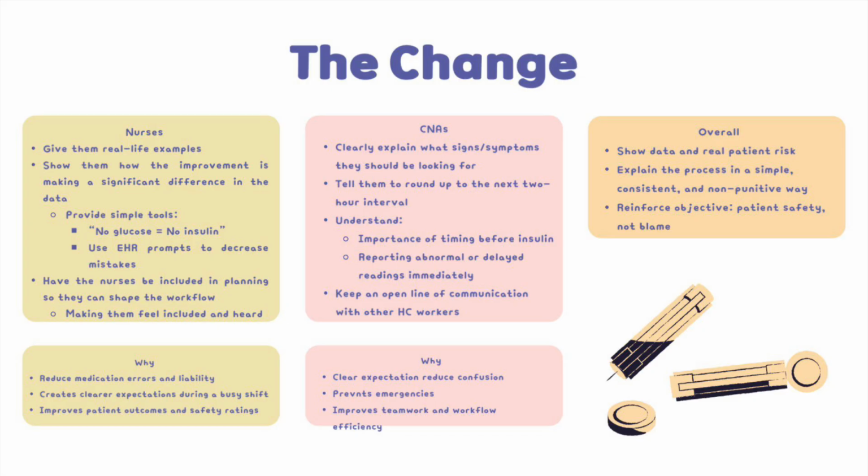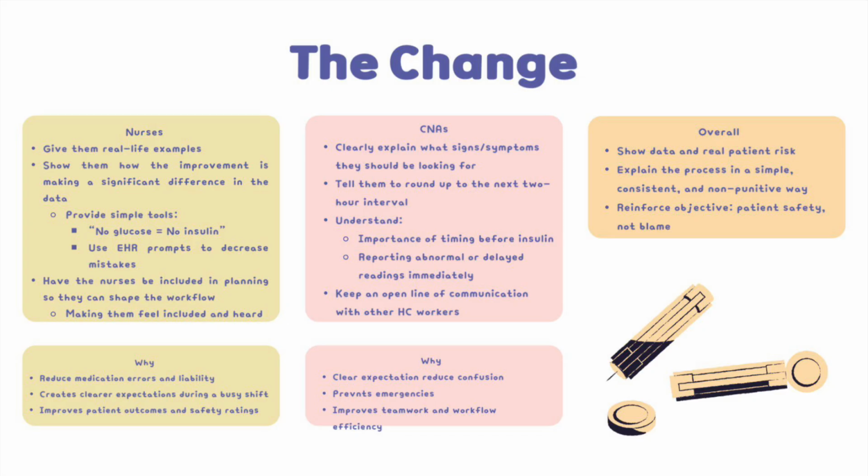Additionally, nurses should be included in the planning process so they can help shape the workflow. This makes them feel heard and more engaged. The reason for doing this is that it reduces medication error and liability. It creates a clear expectation during a busy week or shift and improves patient outcomes and patient safety.